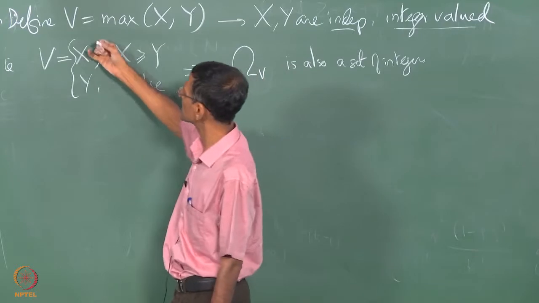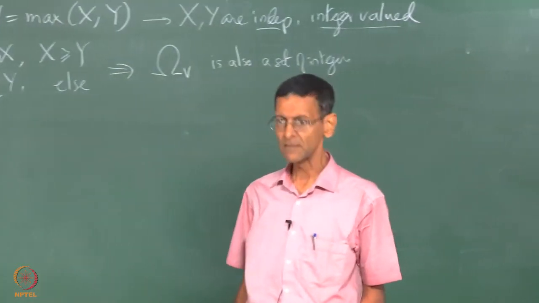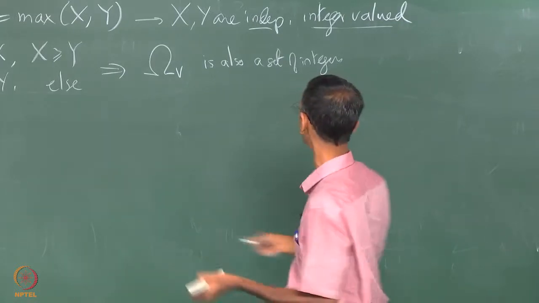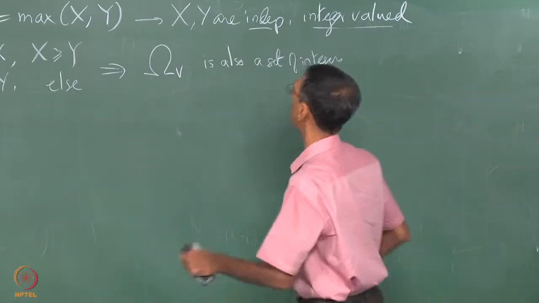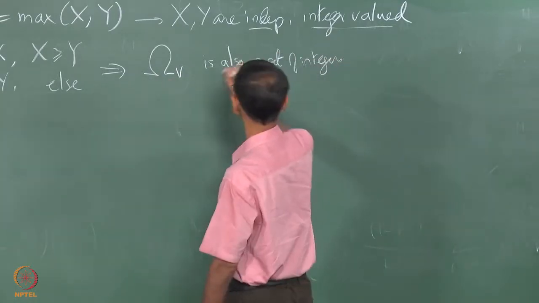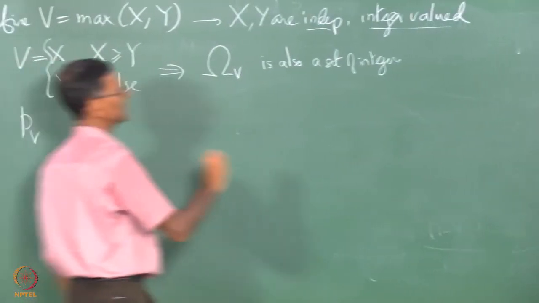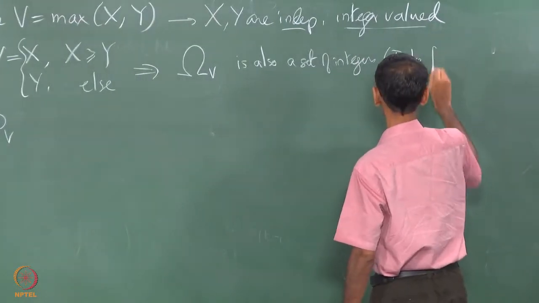If x starts from 0 and y starts from 2, obviously the maximum cannot be 0, it has to be 2. So you have to determine this omega v appropriately. Let me not write any notation on this; I want to look at just the probability. This needs to be found on a case by case basis.